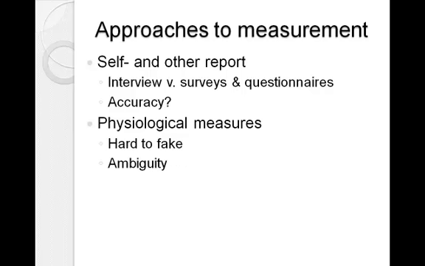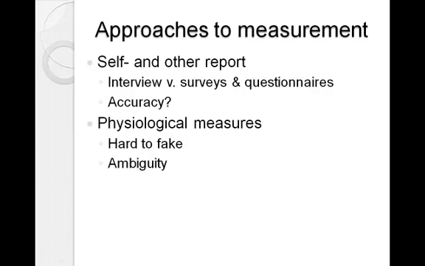Unfortunately, there's also substantial ambiguity in interpreting the results. Many physical phenomena, like sweating, are related to multiple psychological constructs. So if somebody is sweating and we're measuring galvanic skin response, is it because they're anxious about lying? Are they anxious about being tested? Are they just really angry right now? What is it that's contributing to this physiological response? We can't always be sure.